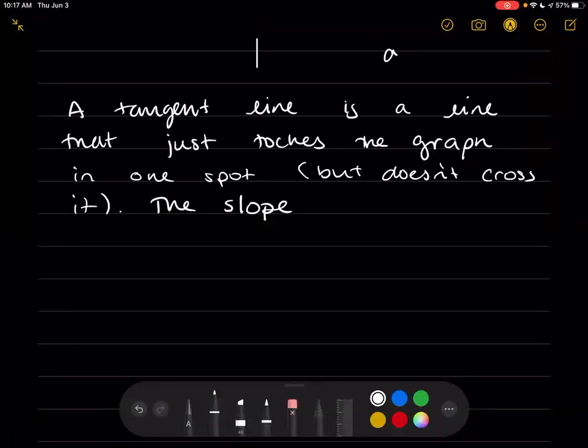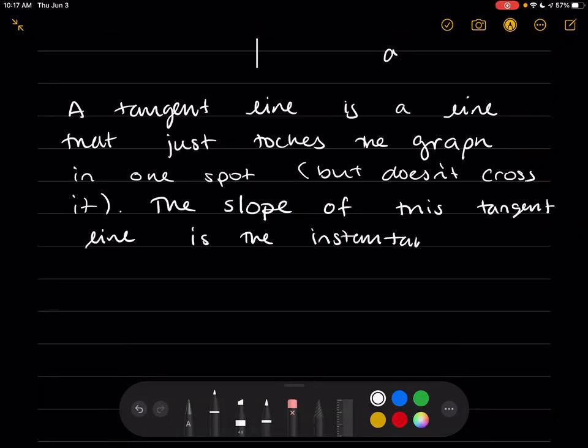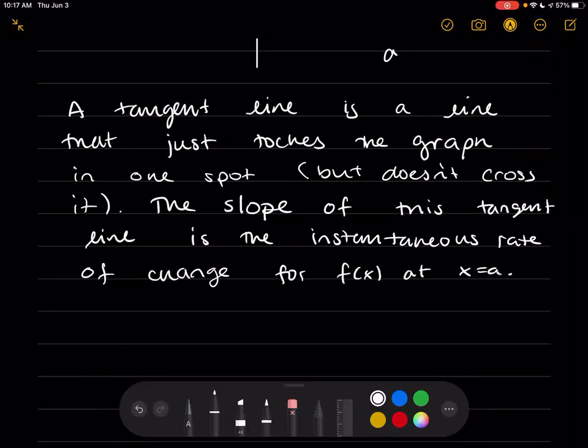So the slope of this tangent line, when they finally boink, meet in the middle, that slope is the instantaneous rate of change. And it's for f of x at x equals a. Okay.